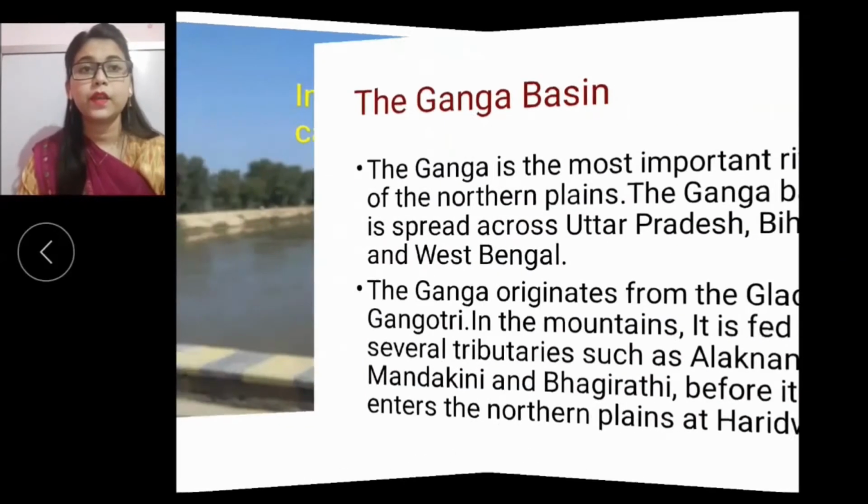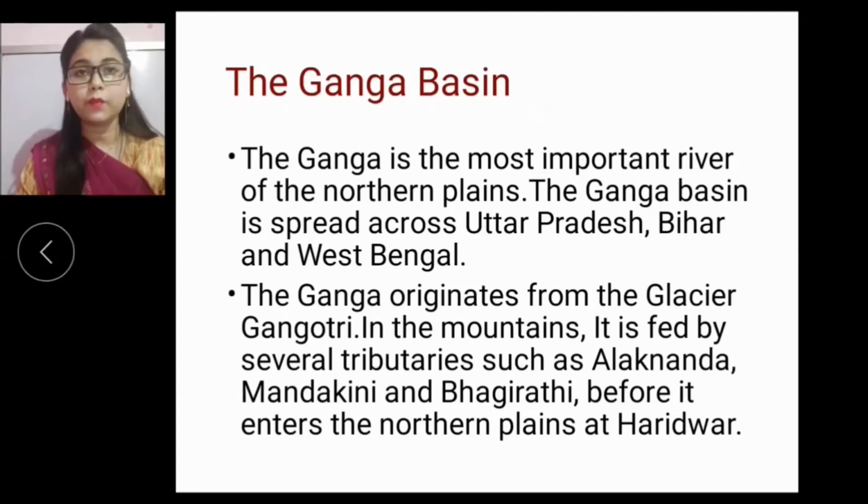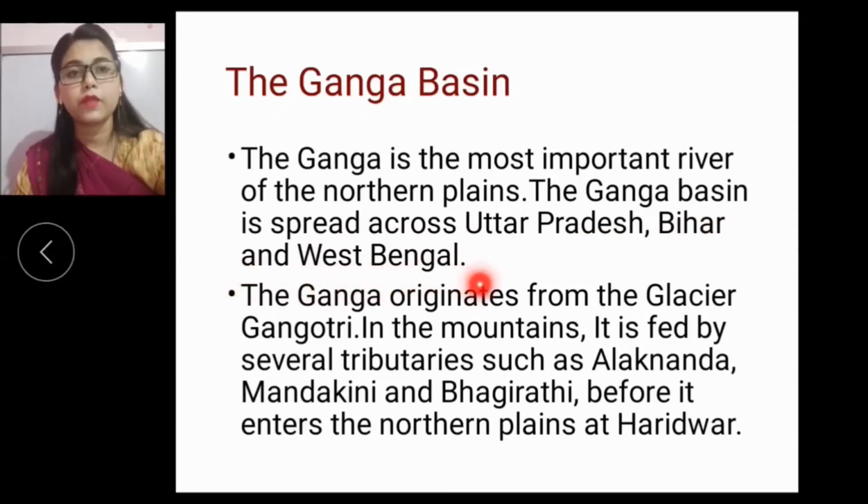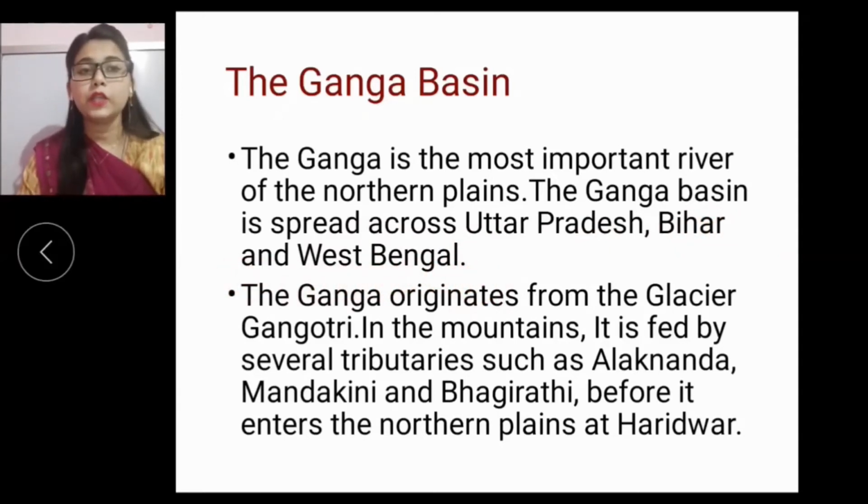Now let's come to the second point, the Ganga Basin. The Ganga is the most important river of the northern plains. The Ganga Basin is spread across Uttar Pradesh, Bihar and West Bengal. And you know very well, the Ganga starts from the northern mountains, from which glacier?